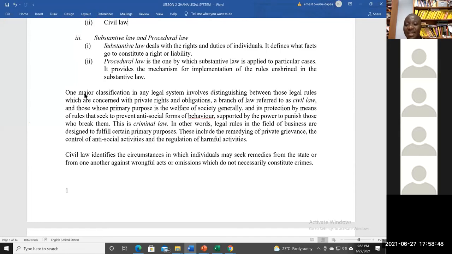All these are procedural law, because they tell us how we can access various judicial fora for purposes of vindicating or getting redress for our rights that might have been violated or breached by other people.